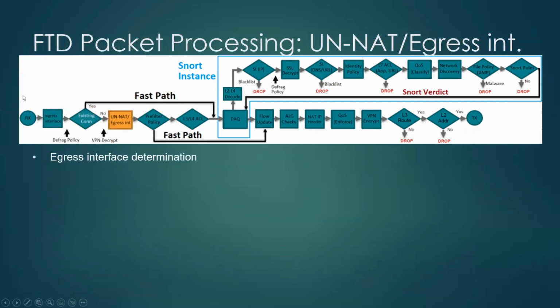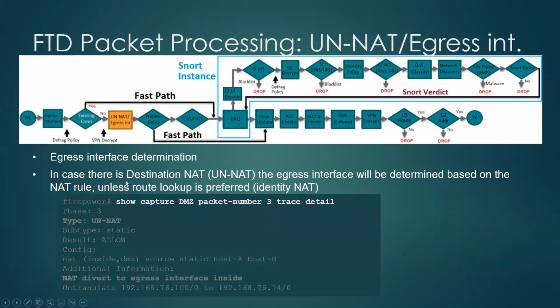Now here you can see the egress interface determination. In case there is a destination NAT or unNAT, the egress interface will be determined based on the NAT rule, unless route lookup is preferred, as with identity NAT. It will check what type of NAT it has. If it has destination NAT, then it will go to the next phase, because if it does the route lookup, that is nothing but identity NAT, meaning self-to-self translation.